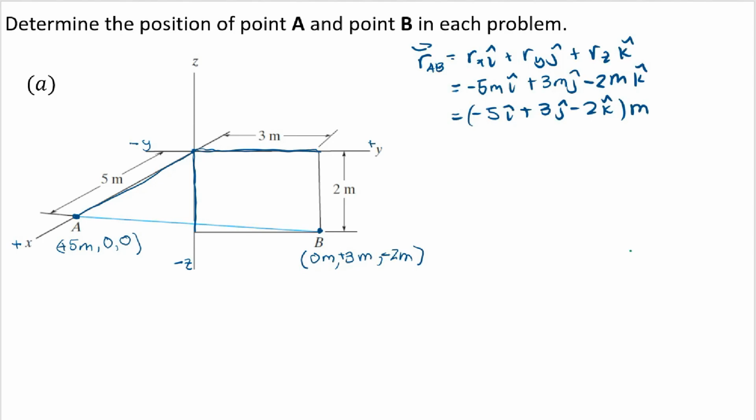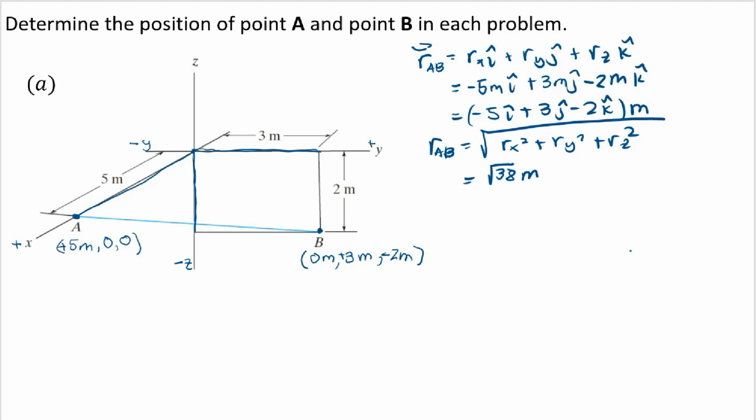Now from this, we will extract the magnitude of our position vector, RAB. The formula is the square root of Rx squared plus Ry squared plus Rz squared. Square root of 5 squared plus 3 squared plus 2 squared, so that is the square root of 38 meters.